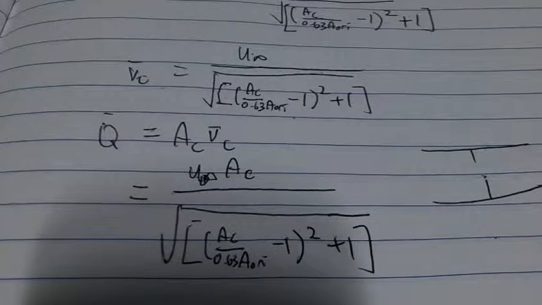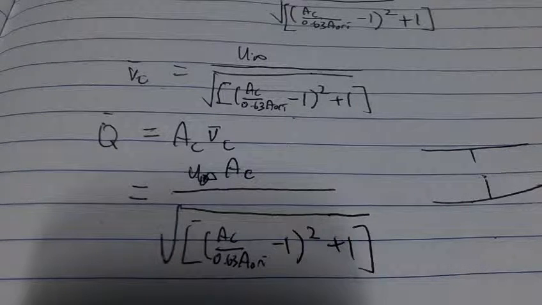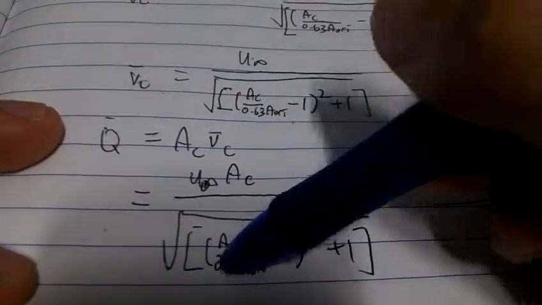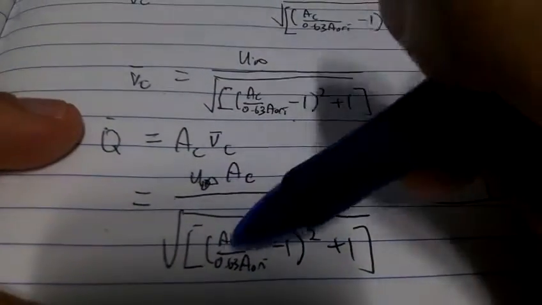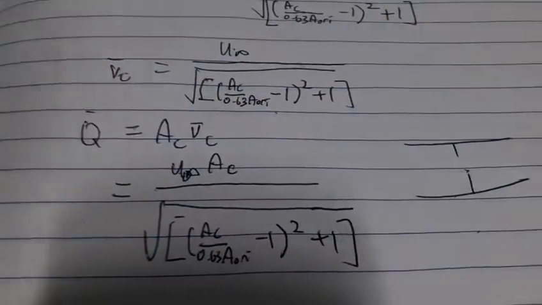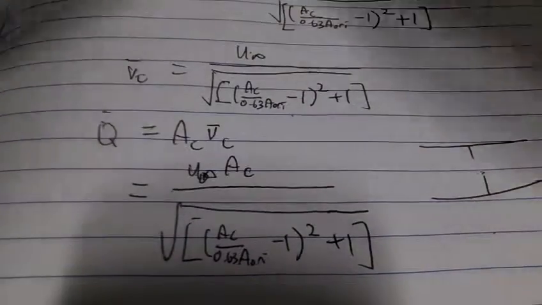Now, another interesting observation is that if there was no orifice in there, the vena contracta area will just be AC, and this entire term will be 1. Extreme case. Let's see again.